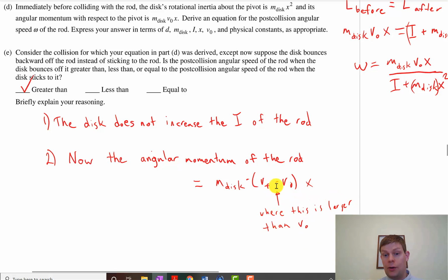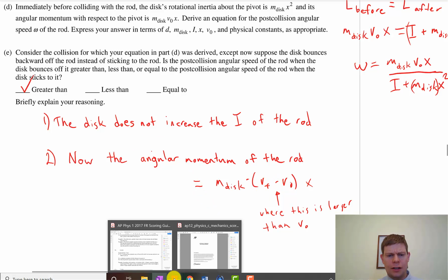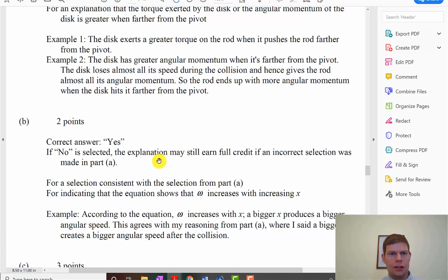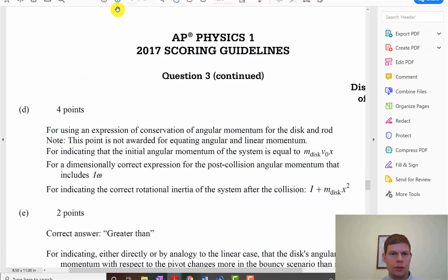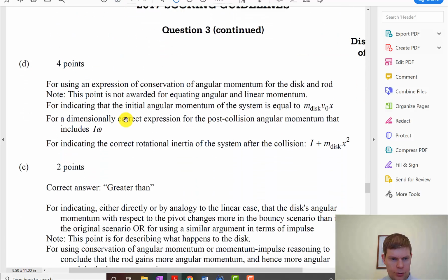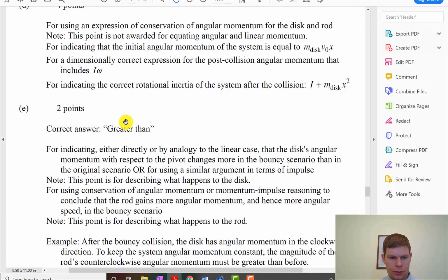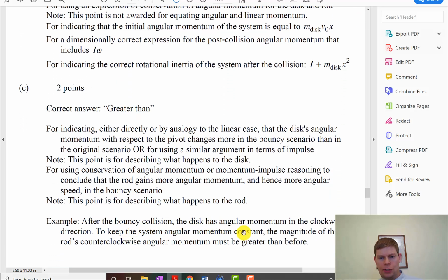So this is guaranteed to be larger if it bounces off. I think in the official answer key, they say after the bouncy collision, the disc has angular momentum in the clockwise direction. To keep the system angular momentum constant, the magnitude of the rod's counterclockwise angular momentum must be greater than before. So same kind of idea.